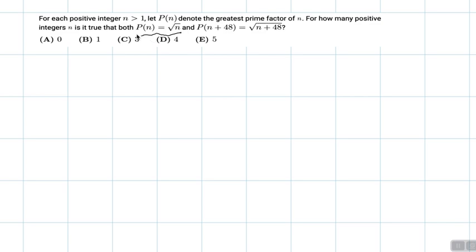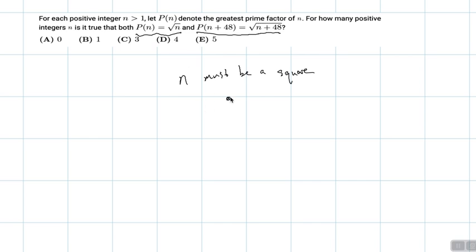For both of these things to be true, it has to be true that, one, n must be a square, because p of n is always going to be a positive integer, so this has to be a positive integer.